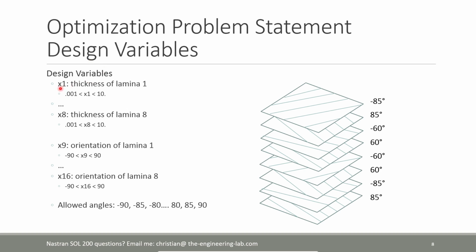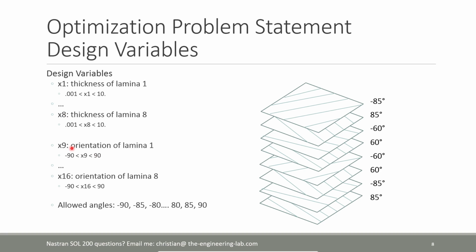Here we are going to let x1 be a design variable that corresponds to the thickness of lamina 1. We are going to let this thickness variable vary from 0.001 and 10, and we are going to do this for x2 for thickness 2, x3 for thickness 3, and so on until x8 for thickness 8.